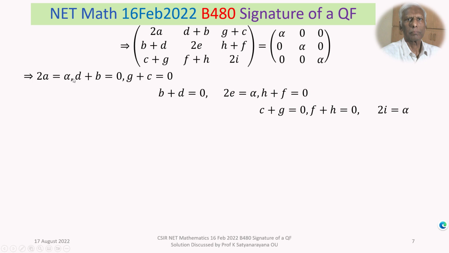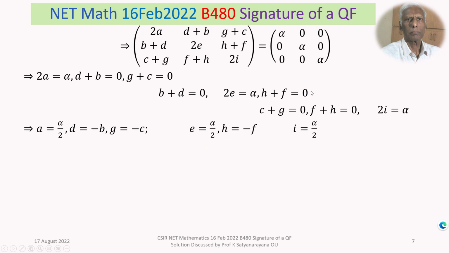And 2a is equal to alpha means a is equal to alpha by 2. And the second one, b is equal to minus d, or d is equal to minus b, and g is equal to minus c. And b plus d is equal to 0 we have already considered. And 2e is equal to alpha, so e is equal to alpha by 2.